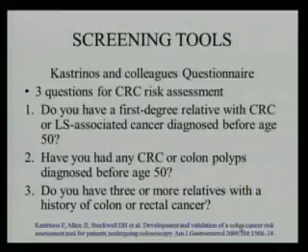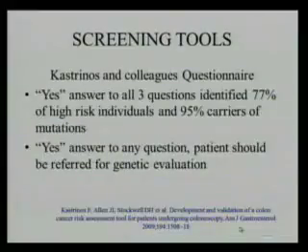And they looked into statistics when they have all these questions answered. If the patient answers yes to all 3 questions, you have a 77% high-risk individual. And actually 95% of these patients will carry a certain mutation, even if they don't have the phenotype.